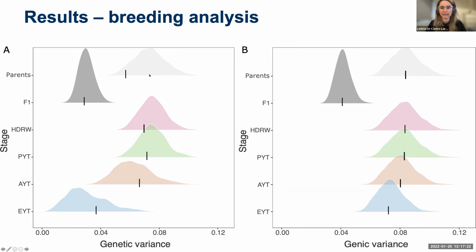Then, as expected, the variance dropped because parents in wheat are inbred, and crossing them creates F1 individuals that collectively manifest less variation. This variation indicates variance in parent average between crosses. However, when we generate double haploids, genetic variation was restored to the level of the parents due to recombination and complete inbreeding.